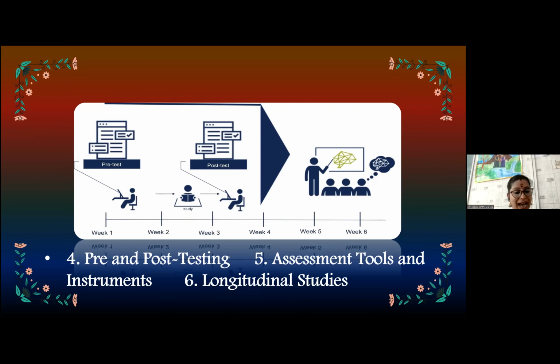Next, assessment tools and instruments. We need to select appropriate assessment tools and instruments. This might involve standardized language proficiency tests. When we do that kind of research, we need to follow a standardized book to test the proficiency level of the samples.